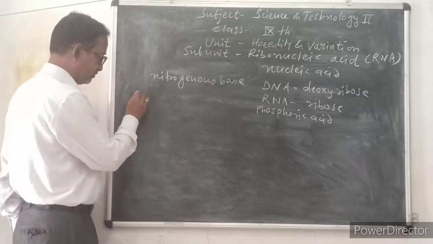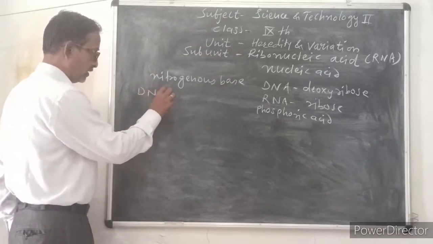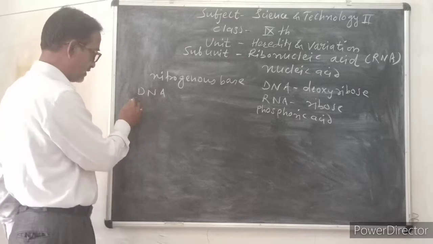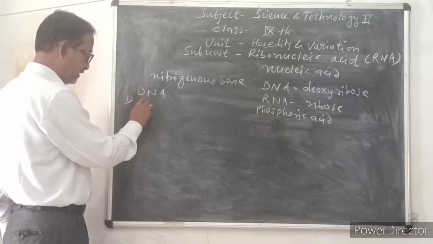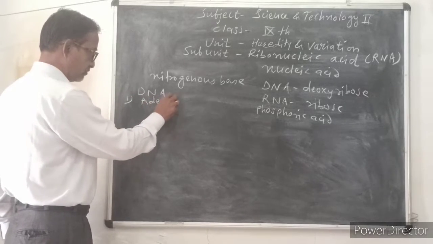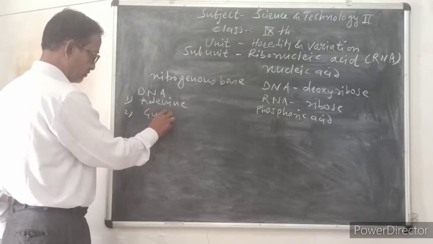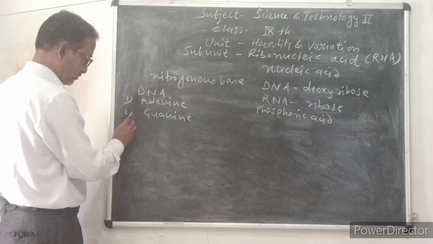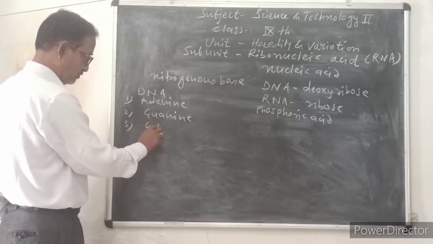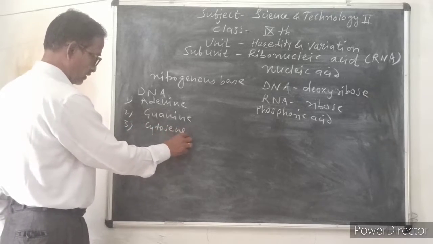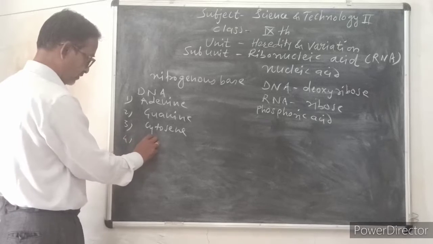So in DNA, there are four types of nitrogenous bases. One is adenine, then guanine, cytosine, and thymine.